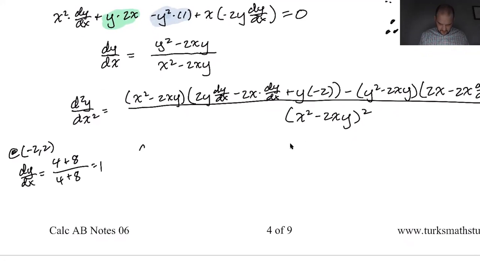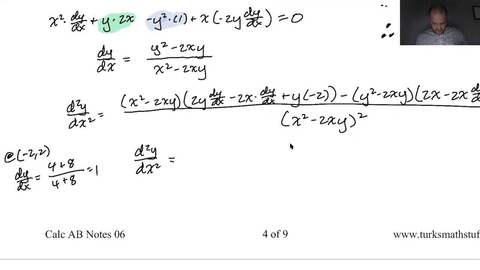Okay, so let's do this. Here we go. Second derivative at, whoa, the rain has shown up. x squared minus 2xy. I feel like this is going to show up a lot. I got 12 for that. And then 2 times y is 4 times 1, plus 4 times 1, minus 4.